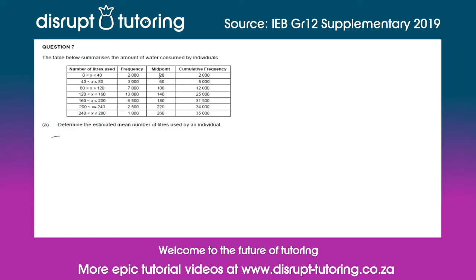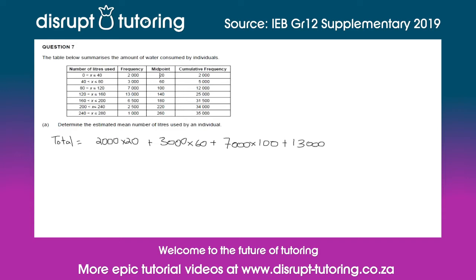So your estimated total will equal 2000 multiplied by 20, which is your midpoint, plus 3000 multiplied by 60, plus, and you do this for each line. Obviously you can also just put this straight into your calculator and continue.